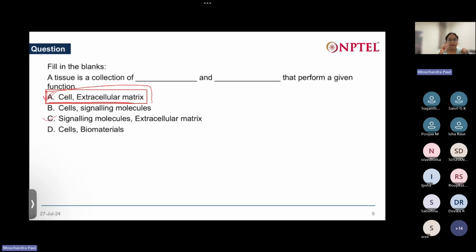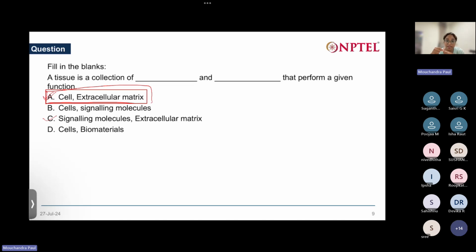So that is why I told you the three triads of tissue engineering, the three ingredients you need to make a tissue. Among the three ingredients, you need cells and ECM. We'll come to signaling molecules later, why they are needed and where they come from. But initially, from birth, we are given these two things: cells, right?